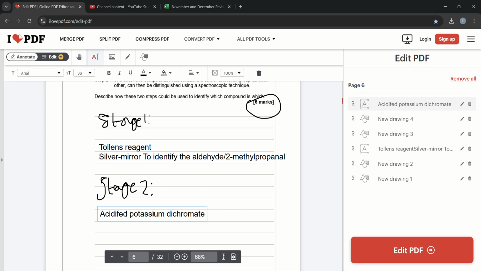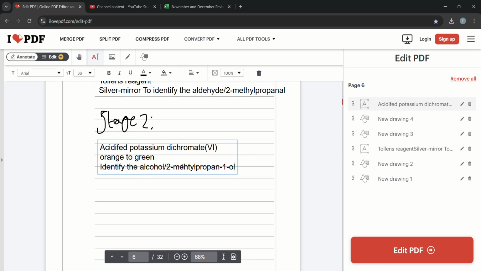And what happens is it goes from orange to green, and this is to identify the alcohol, 2-methylpropan-1-ol. Oh yes, I spelled it wrong, but there we go.